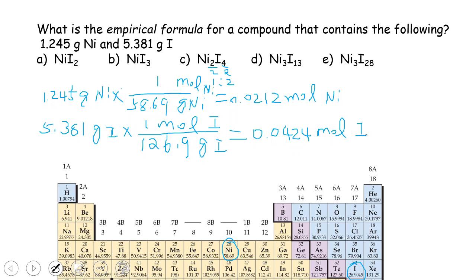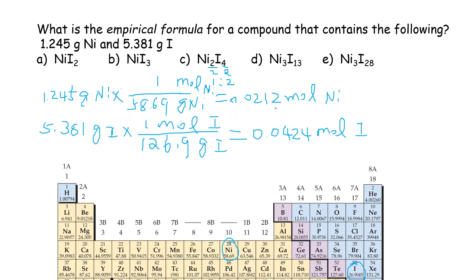Okay. Now the next step, what we are going to do is to find out the mole ratio. We use the smallest number of moles as a denominator. Compare the two. Of course, the top one is the smaller one.